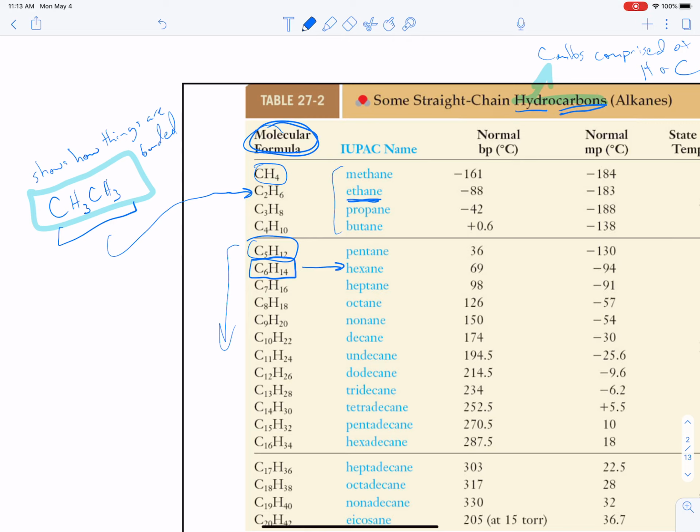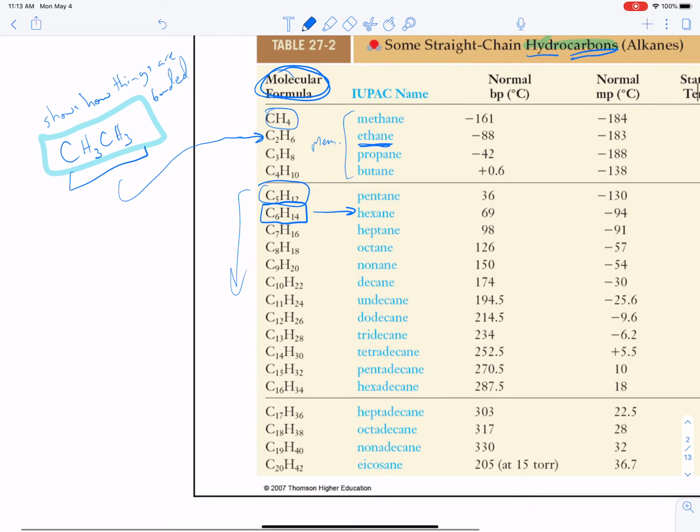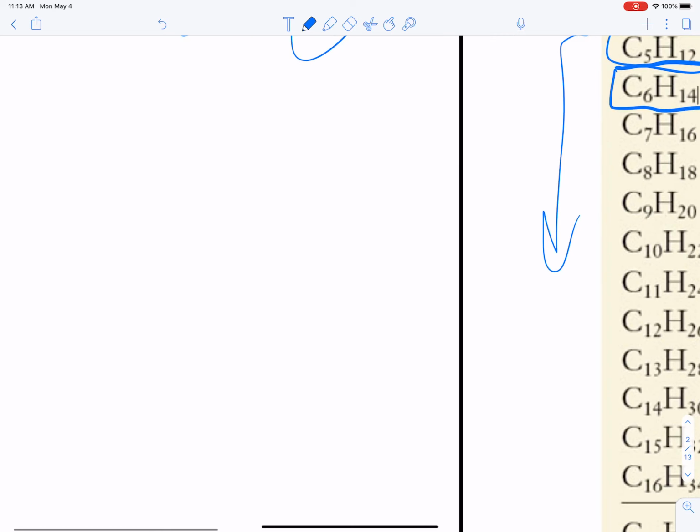But these, you kind of have to memorize. Now, the reason why I'm really dwelling on the condensed structure is for this. When looking at pentane, C5H12, what we find is you have several structures that you can draw. You can draw it as a CH3, CH2, CH2, CH2, CH3.